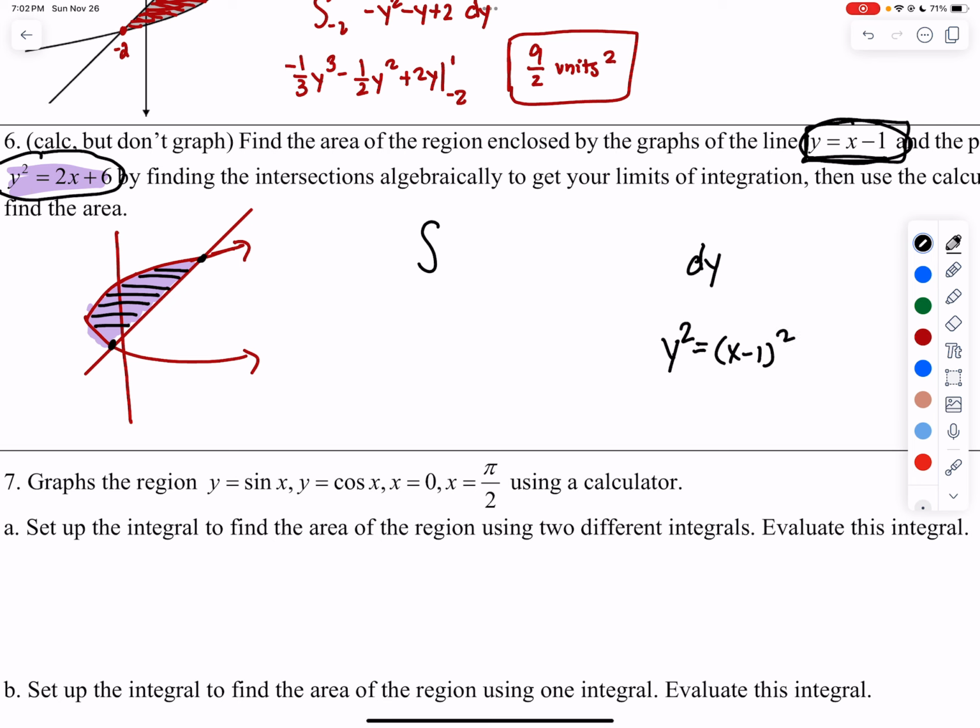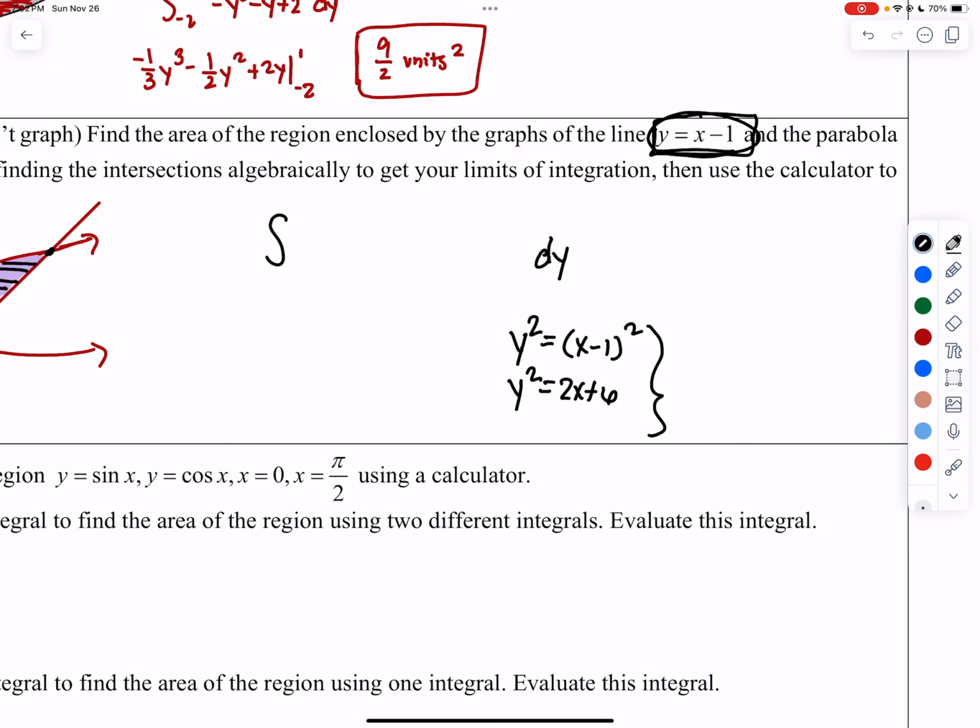And that is going to help us because this is also y squared. And since they're both y squared, I can set them equal to each other and then solve.